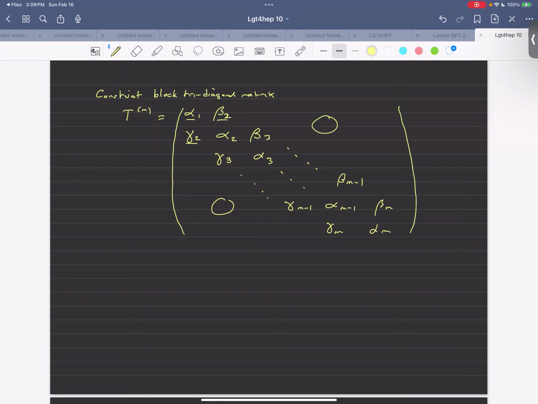And that defines the m-th iteration approximation to the transfer matrix.